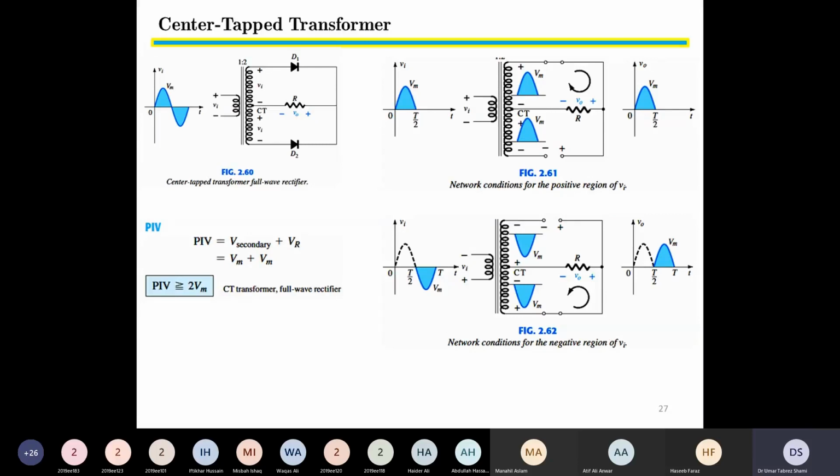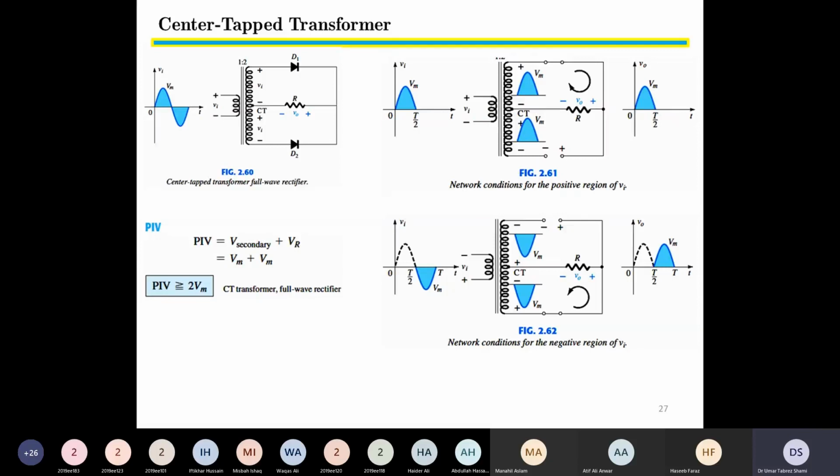Then we are using 2 diodes, D1 and D2, as shown in figure 2.60, and each diode will conduct during one half cycle. So for the circuit shown in figure 2.60, D1 will conduct during the positive half, D2 will conduct during the negative half.